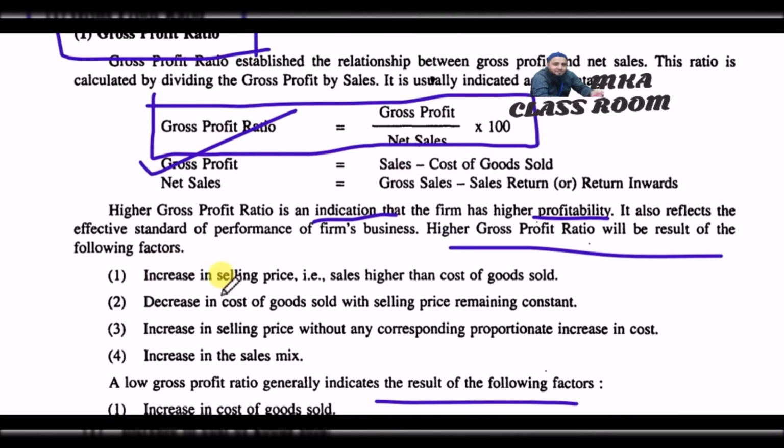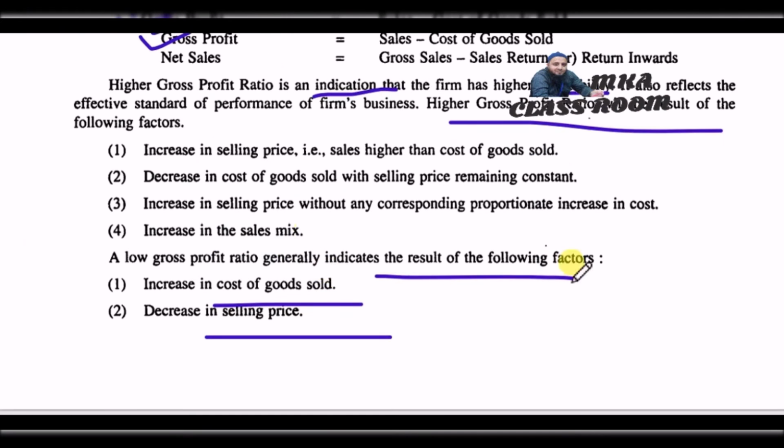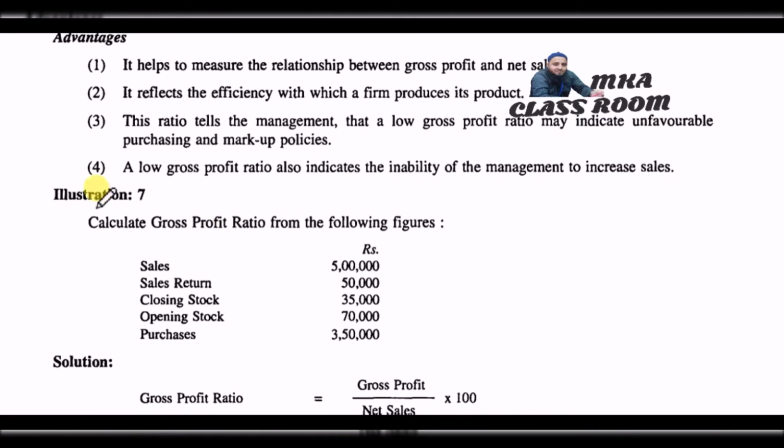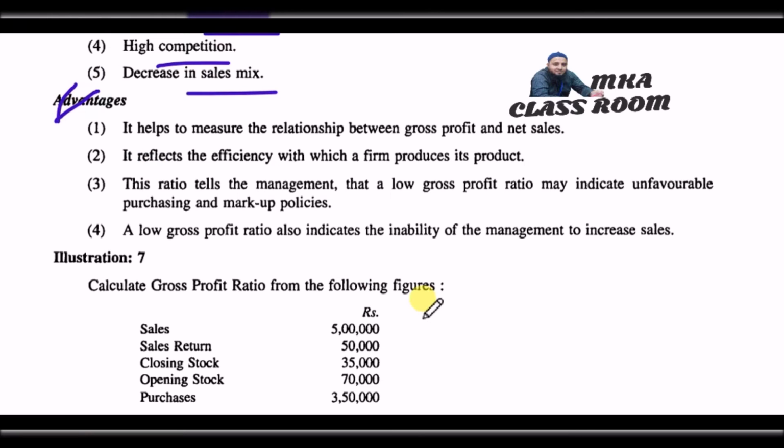So in this way we will see what will happen if the gross profit ratio is higher, or if this ratio is lower, and how we can interpret the meaning of these ratios. You will see the advantages here.